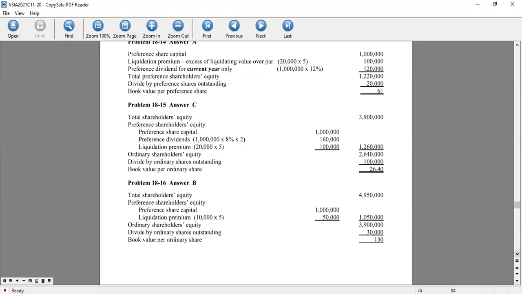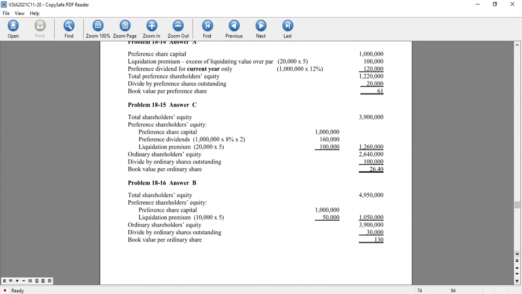Then number 16, question, what amount should be reported as book value per ordinary share? Now for number 16, total shareholders equity, adding the figures of 950,000. Deduct the preference share capital of 1 million and the liquidation premium equal to 105 minus 100 is 5 multiplied by number of shares 10,000.